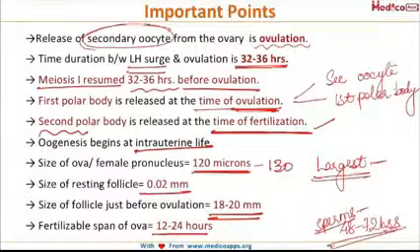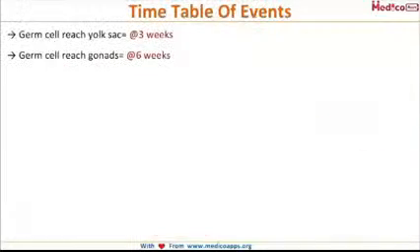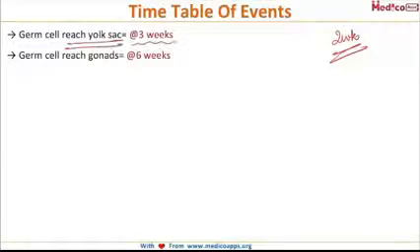Now a few points regarding the timeline. When does what happen? We'll start with the formation of germ cells from the epiblast. The germ cells are formed from the epiblast at 2 weeks of gestation, and these germ cells then migrate to the yolk sac, and this occurs at 3 weeks of gestation.